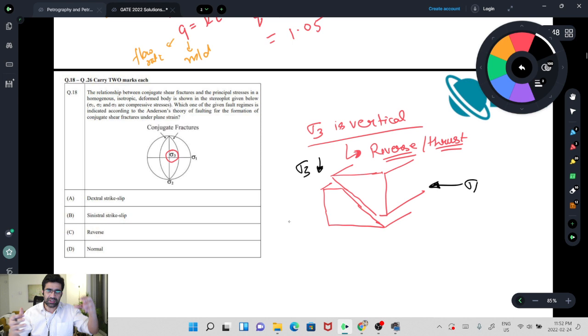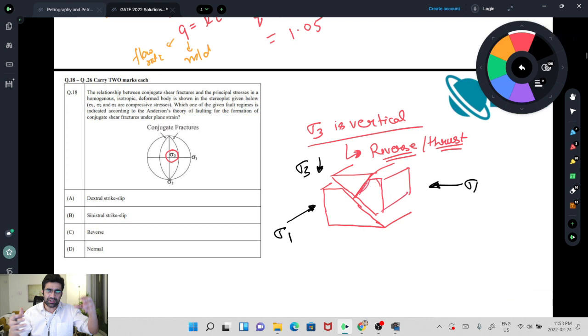Okay, and this fault plane is parallel here, to sigma 1. Now a conjugate fracture means there could be another fracture like this here as well. So you can get basically 2 fractures in total. So this whole part can again come down a little bit like this, slipping.